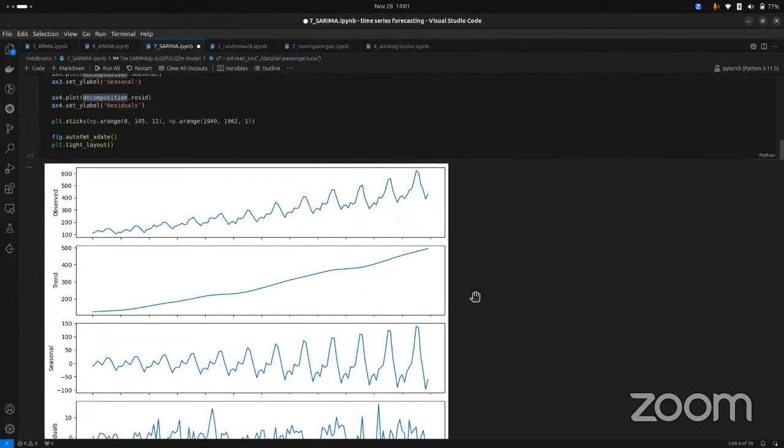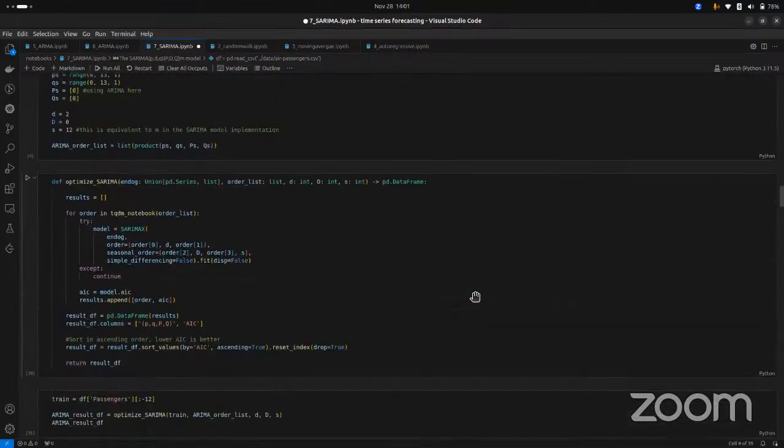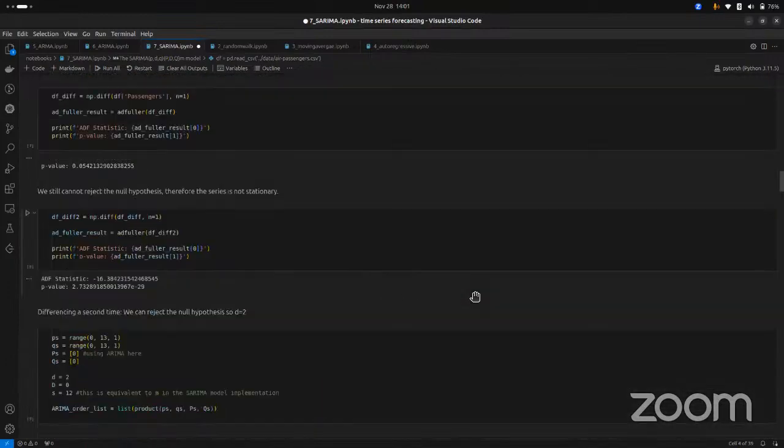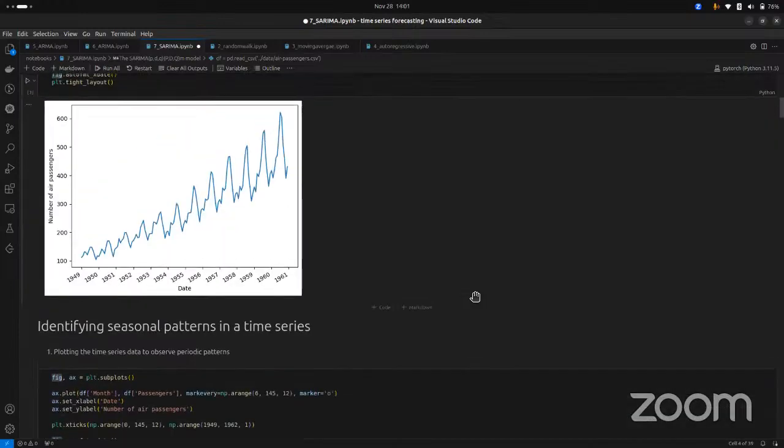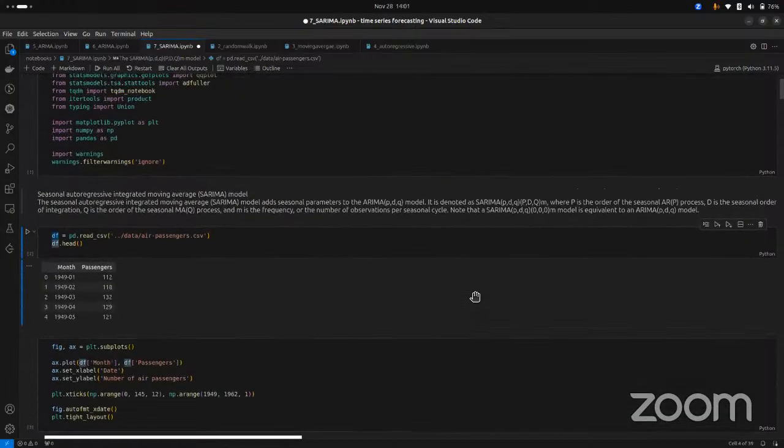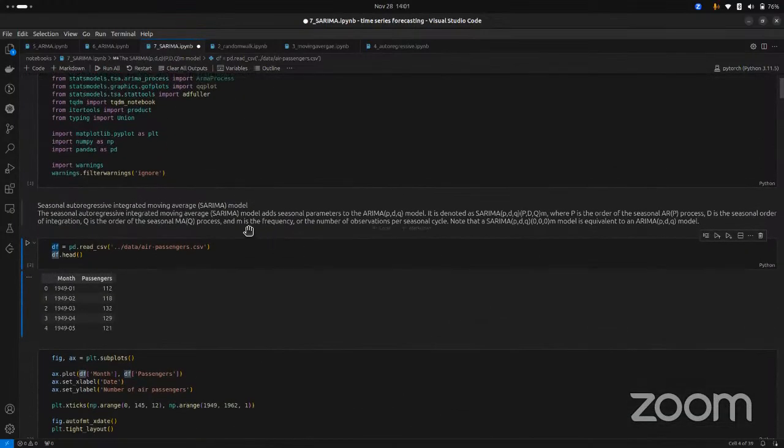All right, so let's see. For the SARIMA model, what we need to determine is the M, right? What is M? M is the frequency or number of observations in the seasonal period. If you take data every month, your M is 12.